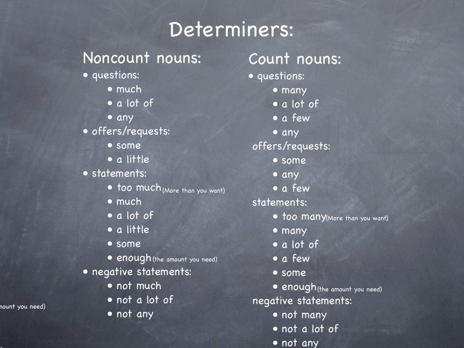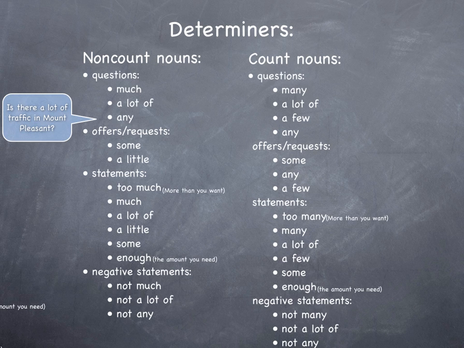So with non-count nouns, you can have questions, offers or requests, statements, or negative statements. You can have the same kinds of sentences with count nouns as well. But back to non-count nouns, for questions, we use much, a lot of, and any. So, is there a lot of traffic in Mount Pleasant?